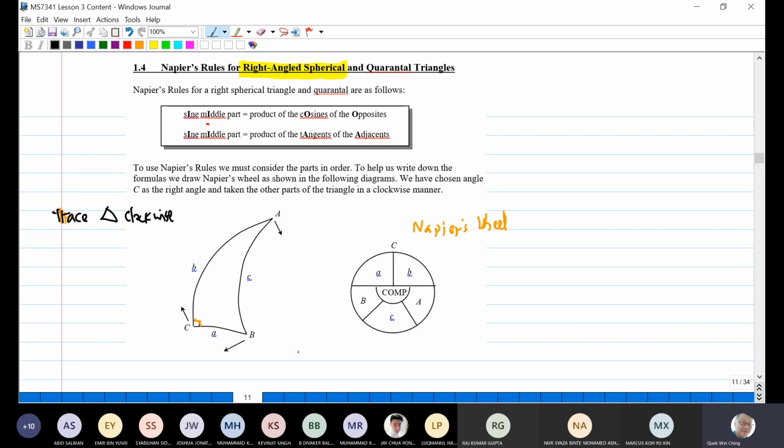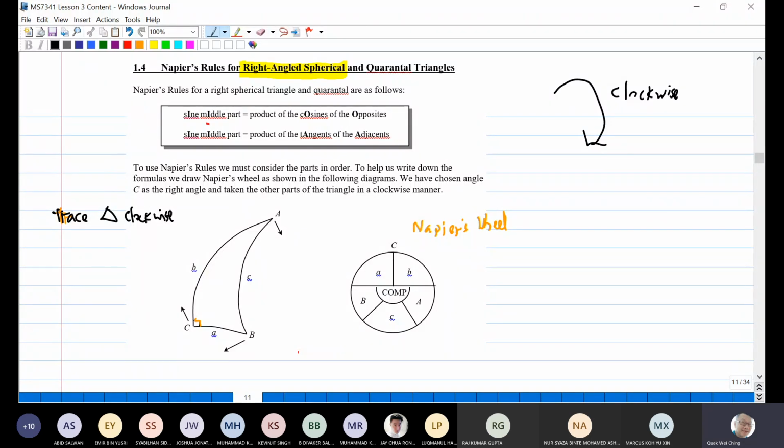Clockwise means following the clock direction. You can see the way the clock direction goes is always this way, right? So we trace the direction.